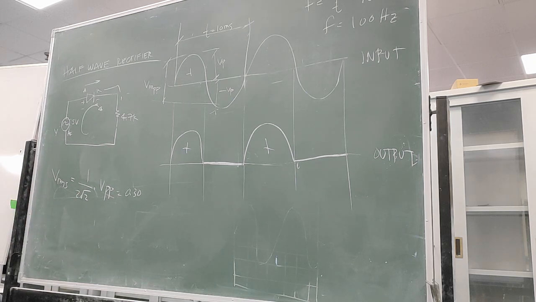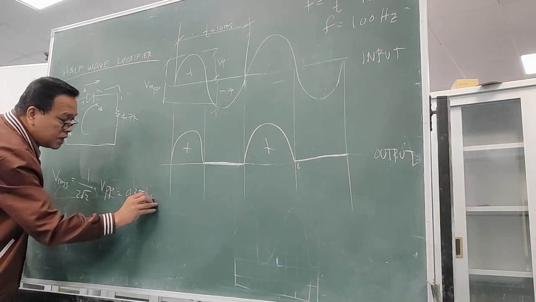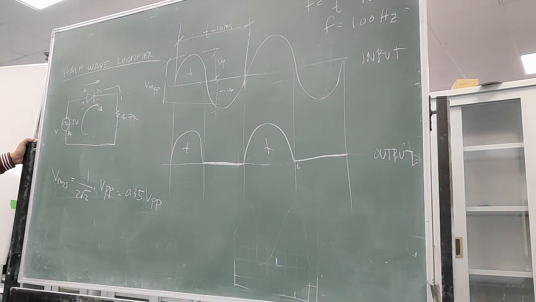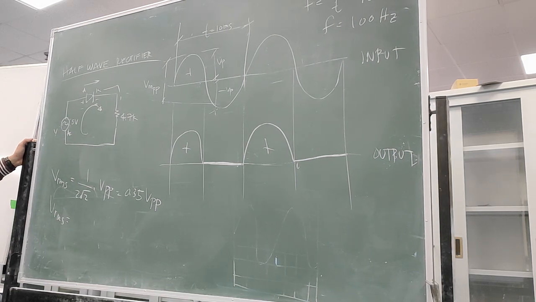That's V peak. Is it 0.35? So he was talking about 0.707. This 0.707 is this one, brother. It's not peak to peak, it's V peak only.